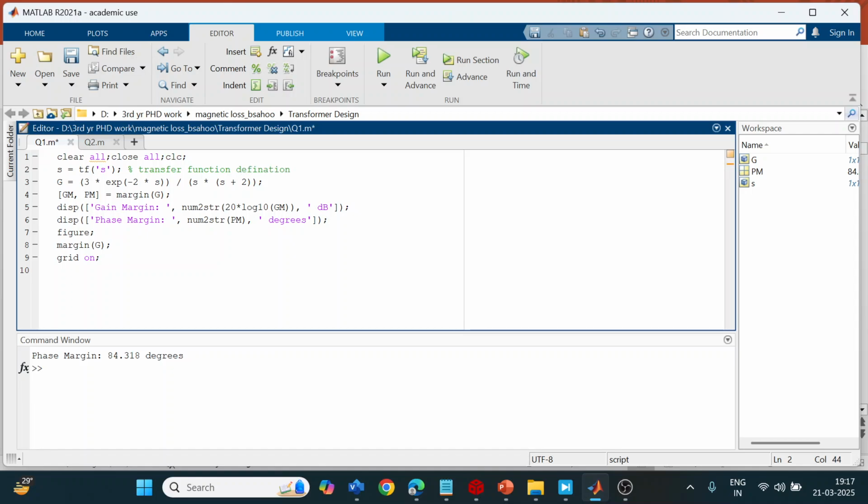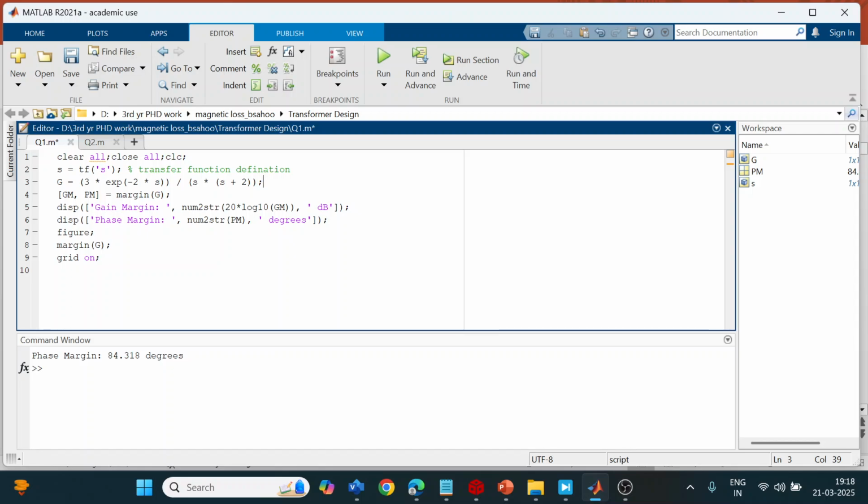After that, you write your open loop transfer function. I'm giving it the name G. You write the equation as numerator by denominator. In the numerator I have written 3 into e to the power minus 2s, divided by s into s plus 2.